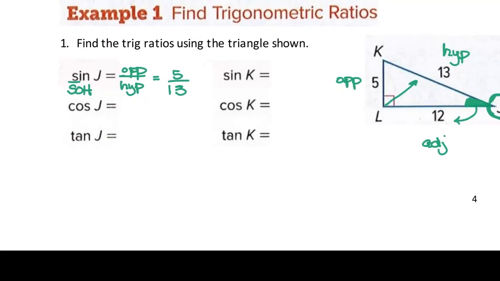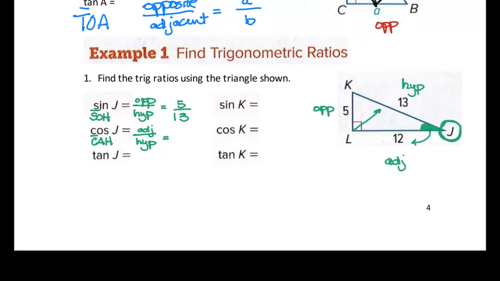Then next we're looking at the cosine of J. Cosine, we think CAH, C-A-H. For cosine, it is the adjacent side, always divided by the hypotenuse. And since we are looking at it from the perspective of the angle of J, the adjacent side is 12 divided by the hypotenuse, which is 13.